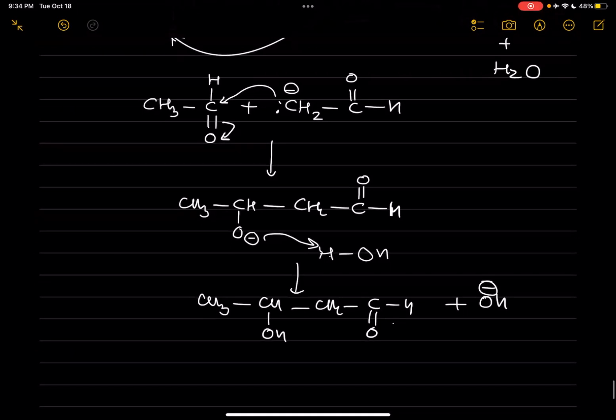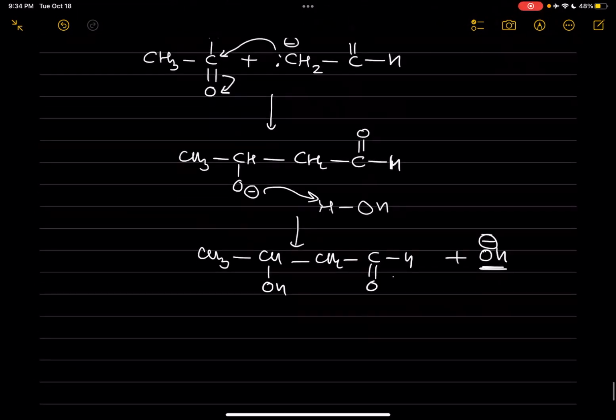So the base is a catalyst in this reaction. Yeah, it is a catalyst. It is formed again, so the catalyst is not consumed in the reaction. It is formed back.